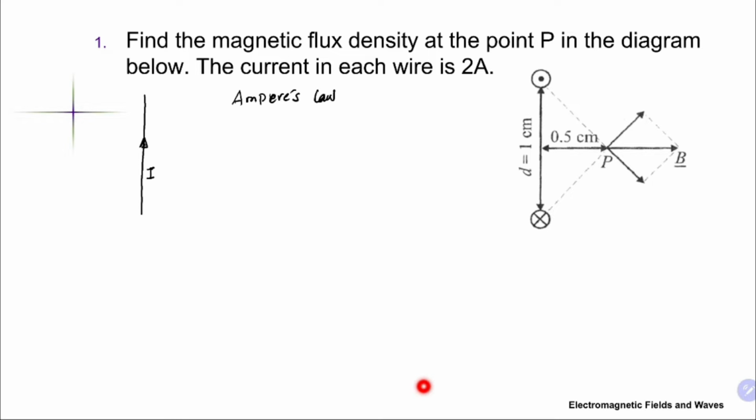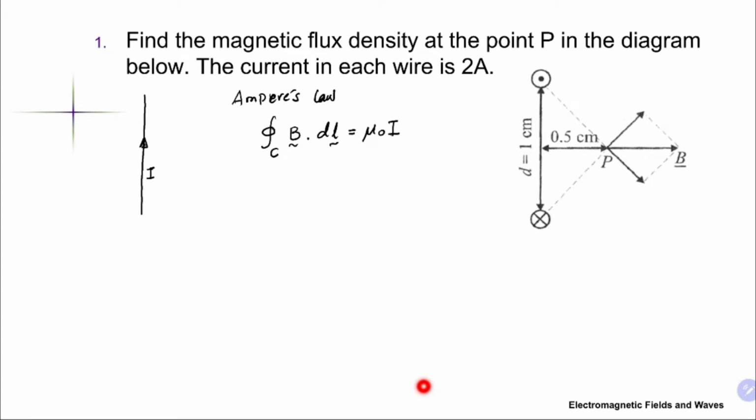Ampere's law is the magnetic equivalent of Gauss' law. The closed loop integral of the magnetic flux density is equal to mu naught I.